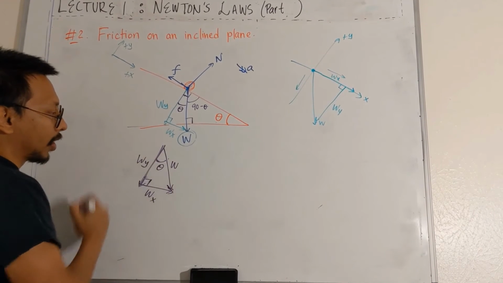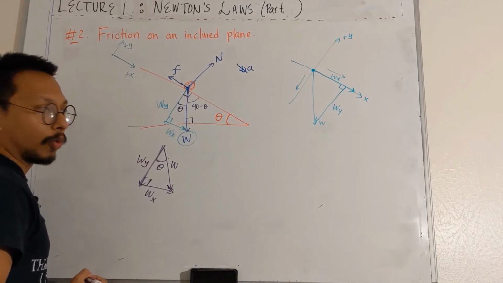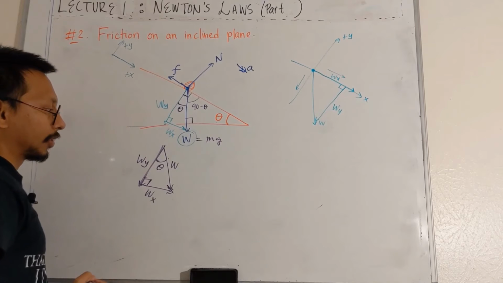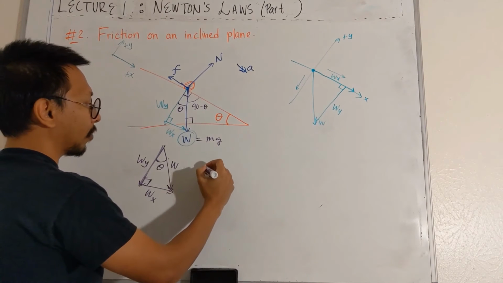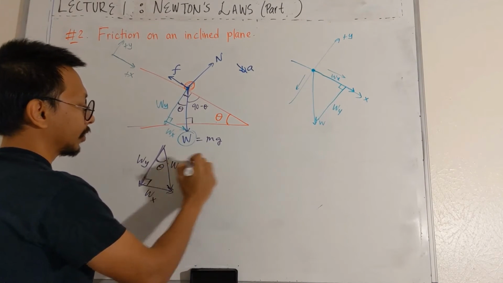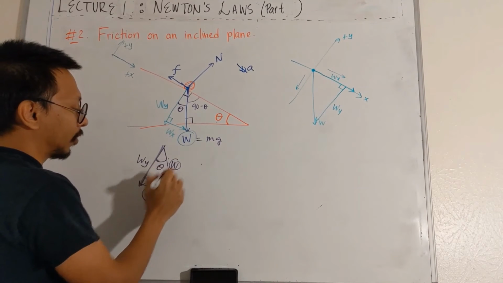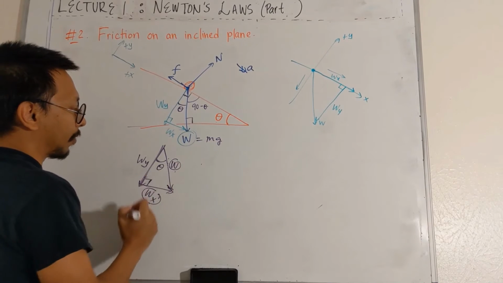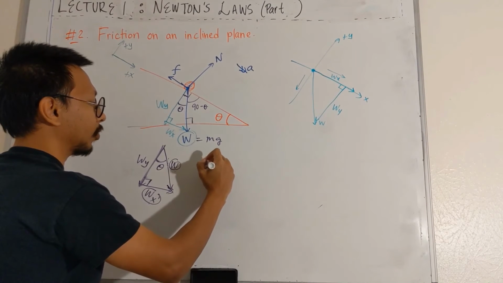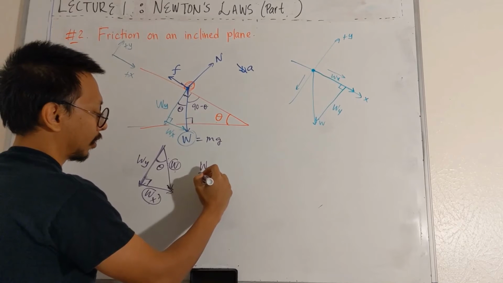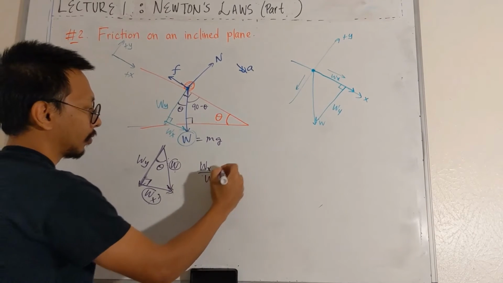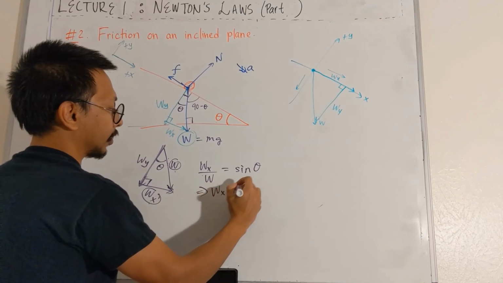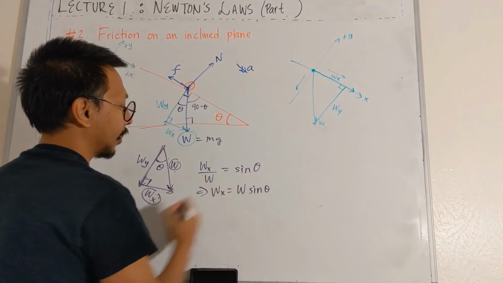Wx is opposite, wy is adjacent, and w, the overall weight, which is equal to mg, is the resultant vector. The x component can be found using w and wx, which is opposite over hypotenuse. So wx over w equals sine theta. Therefore wx is w times sine theta.